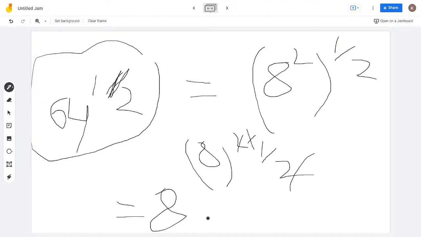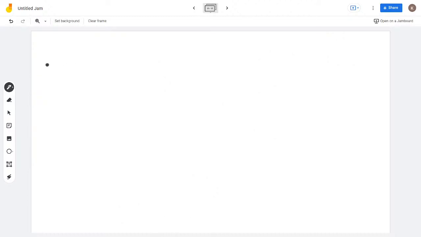For positive real numbers a, b, we have some identities: root over a times b is equal to root over a times root over b. Okay, let me write here for you the identities for some real numbers a and b: root a times root b is equal to root of ab.